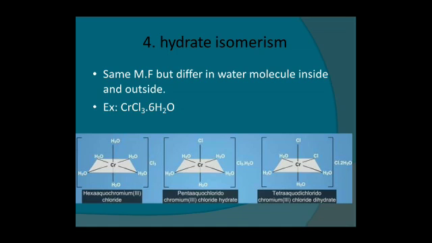Like in this, the number of water molecules varies. An example is chromium chloride 6H2O, or we can say cobalt pentaaqua chloride and dichloro. In this we can change the water. From the first example to the second example, there is a change in the water molecules. Sometimes it is attached inside the rectangular bracket, in the second one a water molecule is outside, and in the third, 3 water molecules are outside.